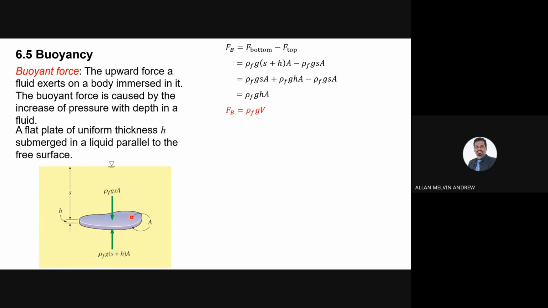This is the buoyancy force. You need to take into consideration the thickness, because you will have two surfaces, top surface and bottom surface. The force acting on the top surface will be much lesser than the force acting on the bottom surface because of the thickness. As it goes deeper, the pressure will increase, so there will be a slight difference.